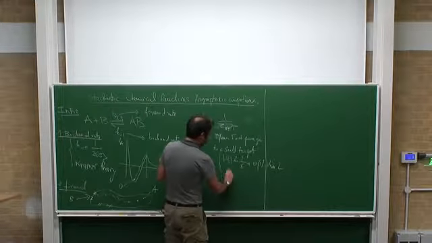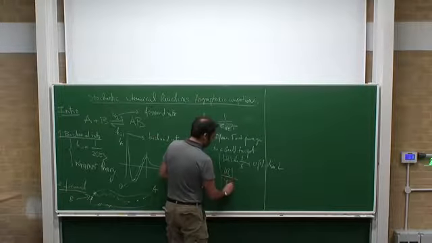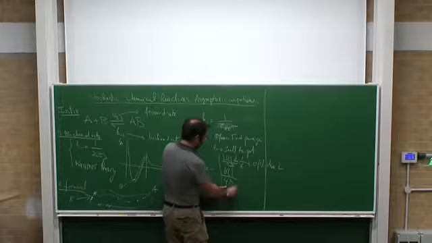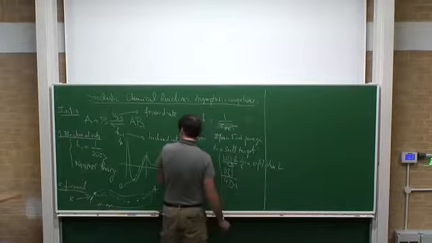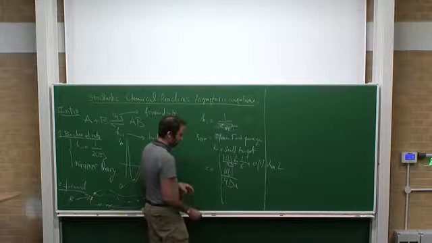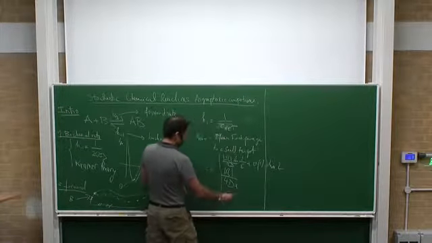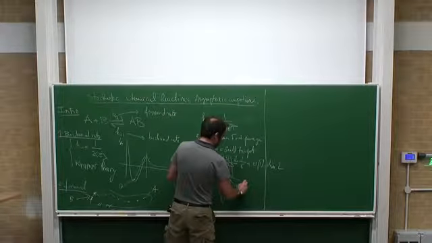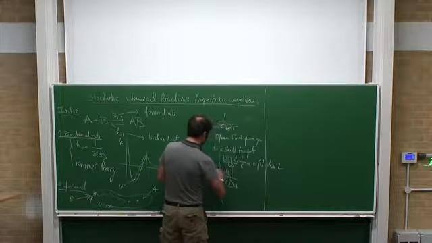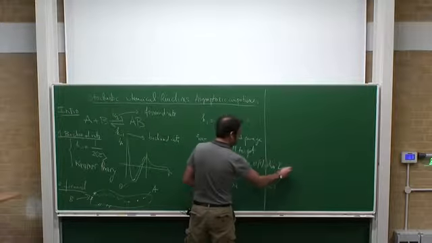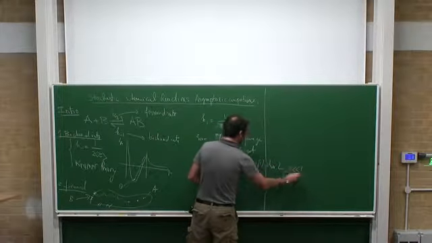And in dimension 3, this was omega divided by 4 D a, where D is the diffusion coefficient and a is the radius of an absorbing disk. This is of this order, where a is very small and epsilon is also small.